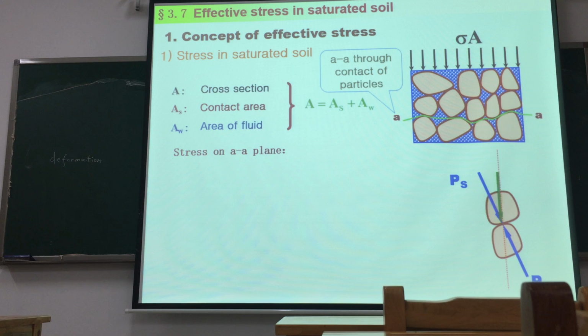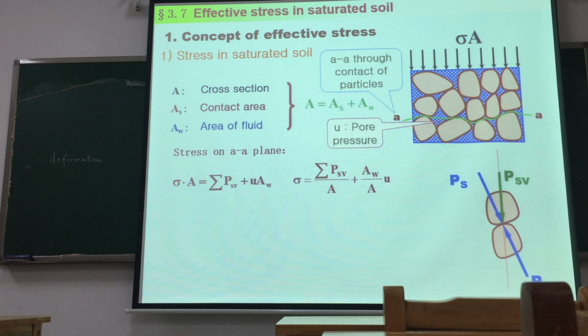Okay, so we can derive this equation for stress on section A, a plane or horizontal plane.